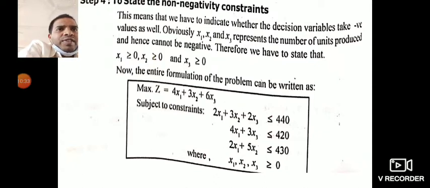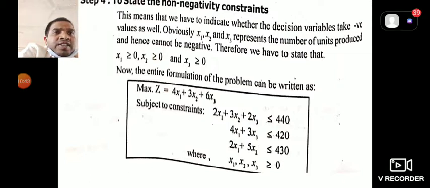The formulation: the objective function is maximize z equals 4x1 plus 3x2 plus 6x3, subject to the three constraints. 2x1 plus 3x2 plus 2x3 less than or equal to 440. Second constraint, 4x1 plus 3x2 less than or equal to 420. 2x1 plus 5x2 less than or equal to 430 minutes, where x1, x2, x3 are greater than or equal to 0.